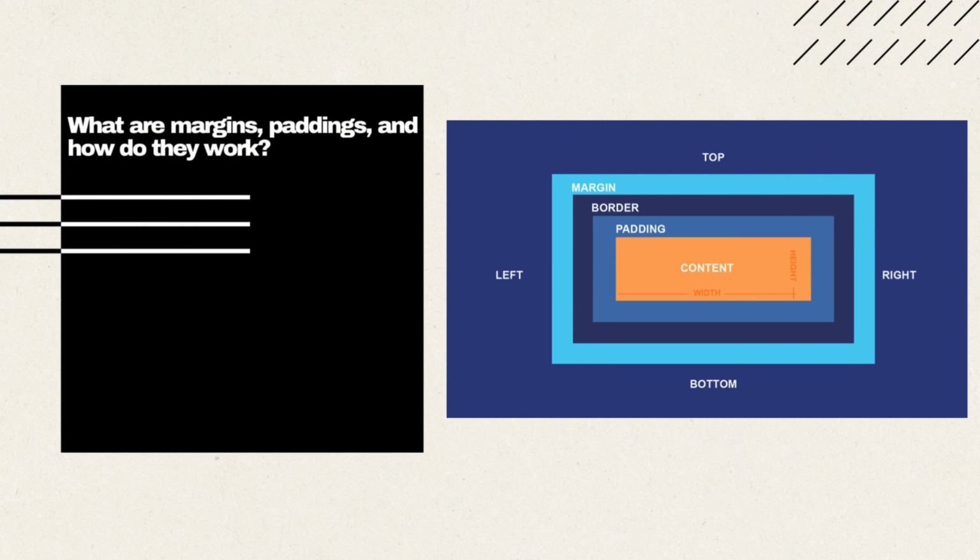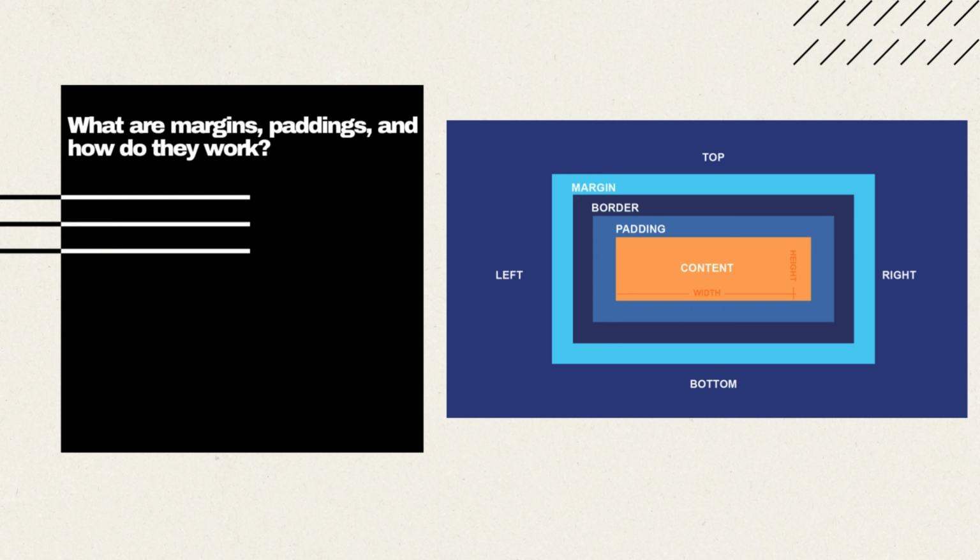To control the space outside the box, you use margin. Let's say this div element has this color. To give it space between its content and its edges, you're going to use padding.